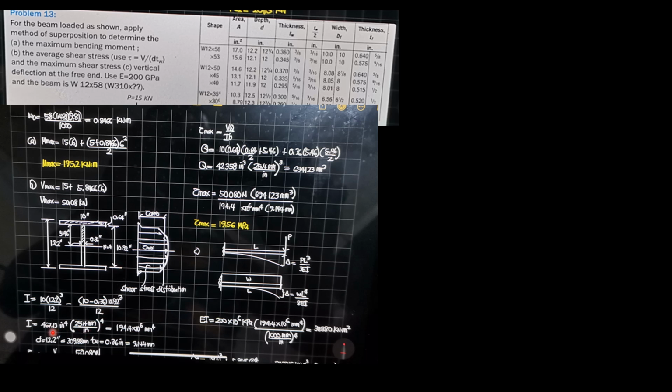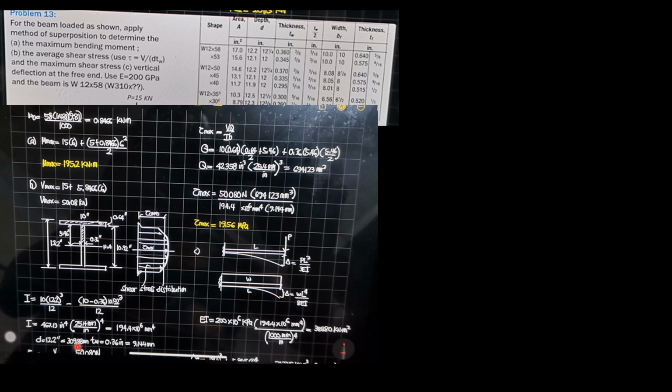So it is 467.13 inches to the fourth, and converting to mm to the fourth, times 25.4 mm per inch cubed to the fourth, we get 194.4 times 10 to the 6 millimeters to the fourth. So the depth of 12.2 inches is 309.88 mm, by multiplying by 25.4.